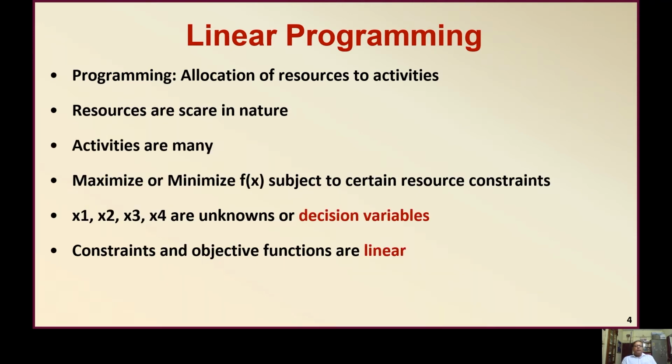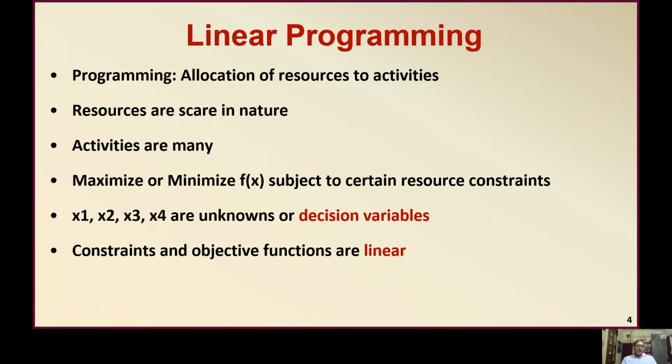Now, usually what happens is that since resources are scarce in nature, one or more of the resources actually become the bottleneck resources. Because of these bottleneck resources, some of these variables have their values restricted, right?